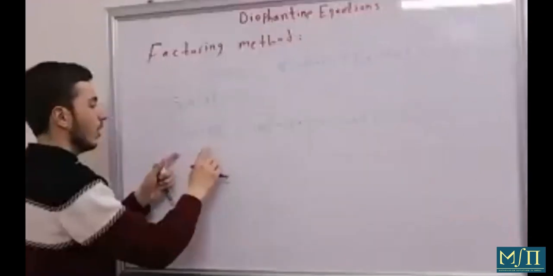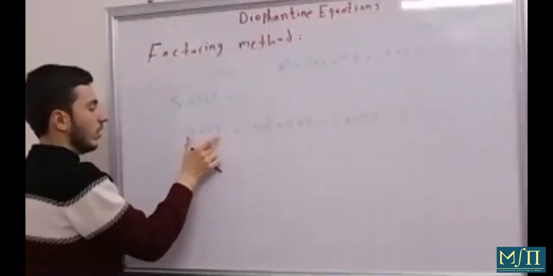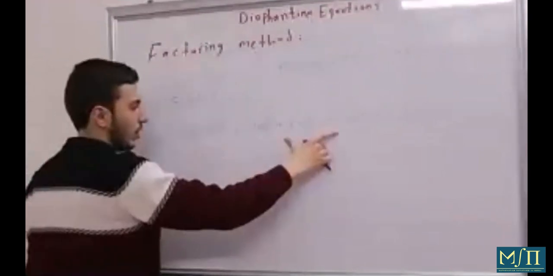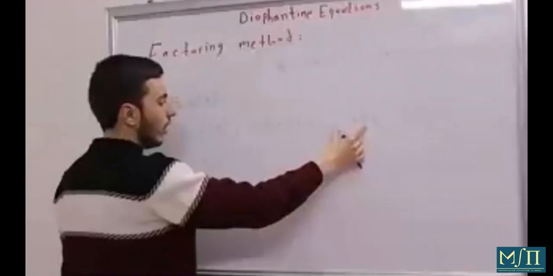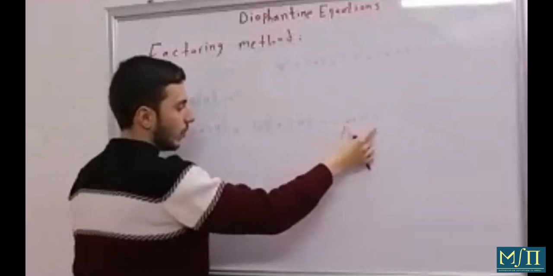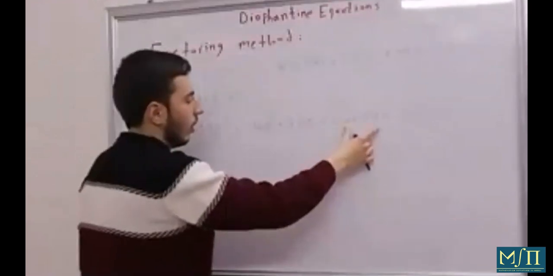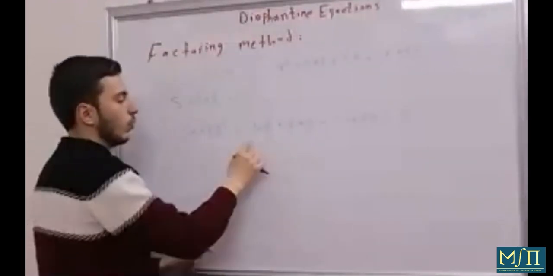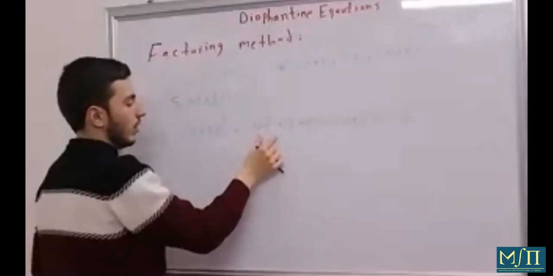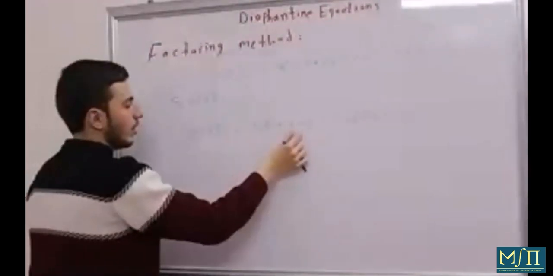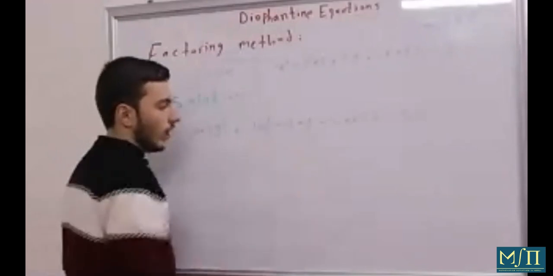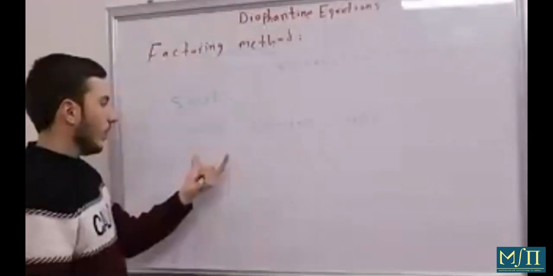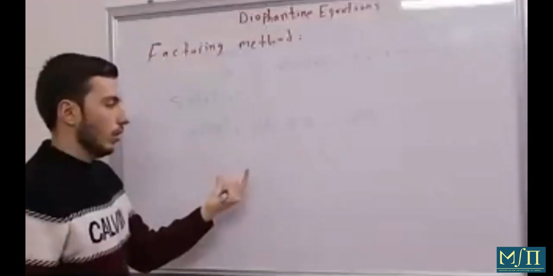Okay, but can we get (x plus 2y) from this side? Yes, if we take 3 as a common factor, we have 3 times (x plus 2y). Also, if we take 2y as a common factor, we get 2y times (x plus 2y).